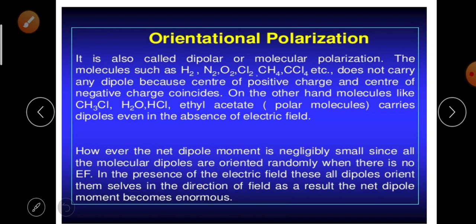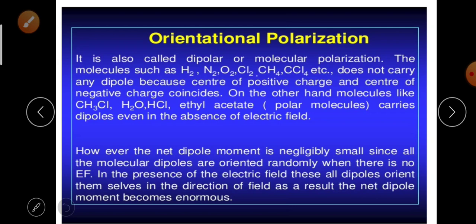On the other hand, molecules like CH3Cl, H2O, HCl, ethyl acetate, polar molecules, carry dipoles even in the absence of electric field. However, the net dipole moment is negligibly small since all the molecular dipoles are oriented randomly when there is no electric field.